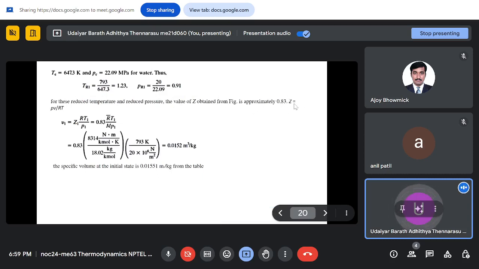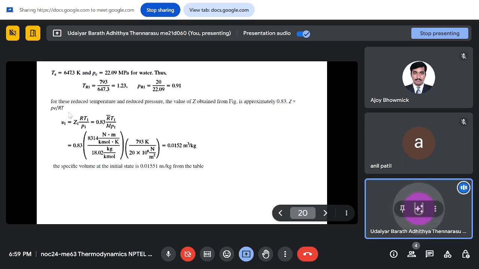So the compressibility factor Z is nothing but PV by RT. So from this we know P, we know temperature, we know R, and we also know compressibility factor. So we can find out the specific volume. So specific volume is nothing but Z into RT by P. Z is 0.83, R is 8.314 kilojoule per kilomole Kelvin, divided by your molecular weight to convert into kilojoule per kg Kelvin, and your temperature is known, and pressure is 20 megapascal, so 20 into 10 to the power 6 Newton per meter square.